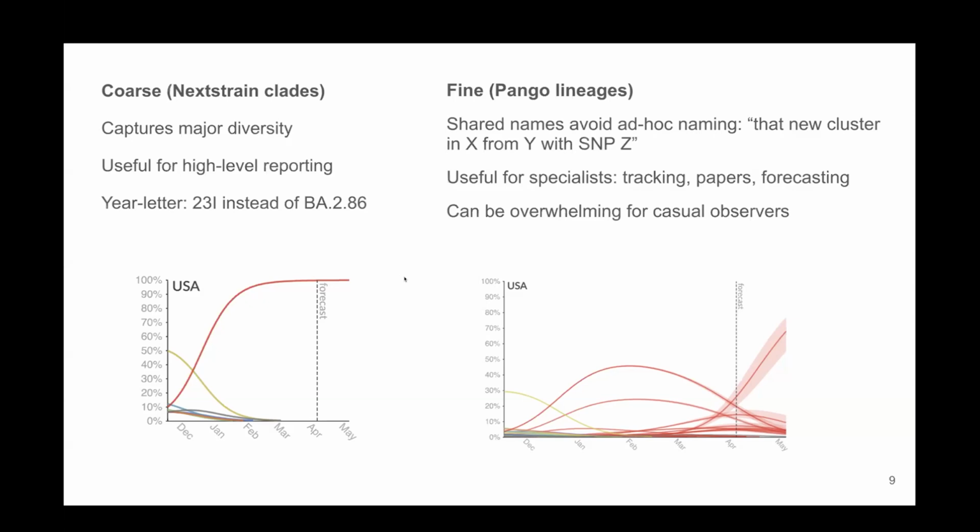Whereas if you look at the more fine-grained Pango lineages, you see that as part of BA.2.86 there is quite some evolution going on. One lineage appears to rise quite frequently, whereas other lineages disappear. So in that sense, it's useful to have these different granularities to be able to do modeling, prediction, and talk about it.